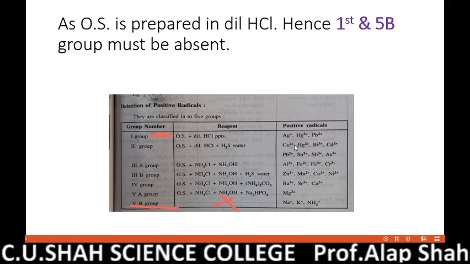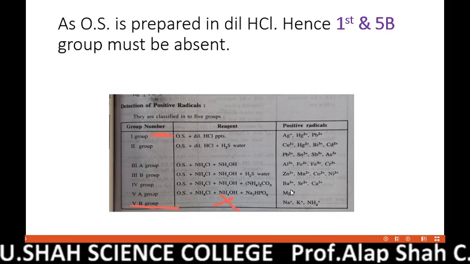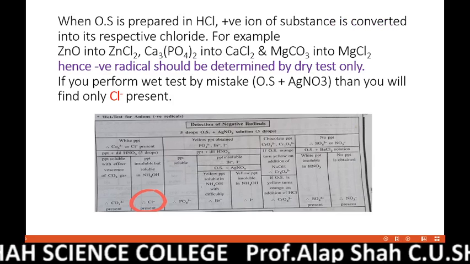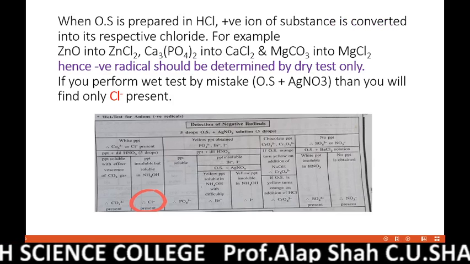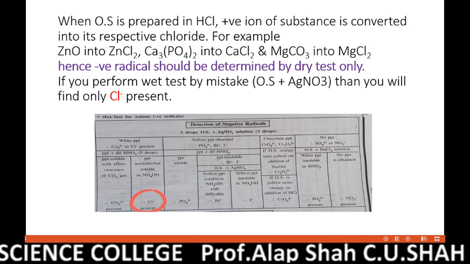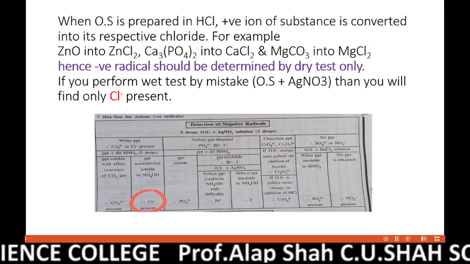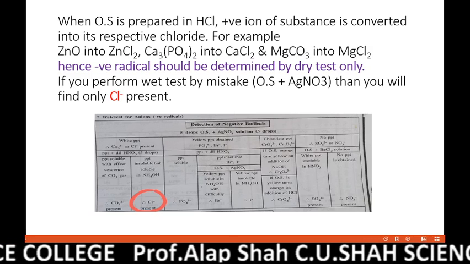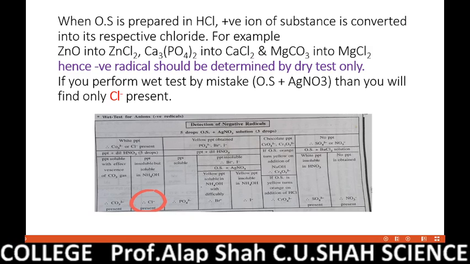So your positive radical will be from the second to 5A group. And a very important point is, for a water insoluble compound always determine negative radical from the dry test only. You cannot perform the wet test.